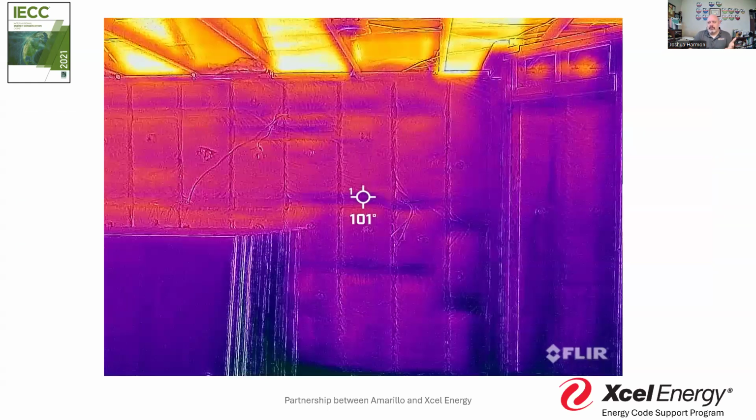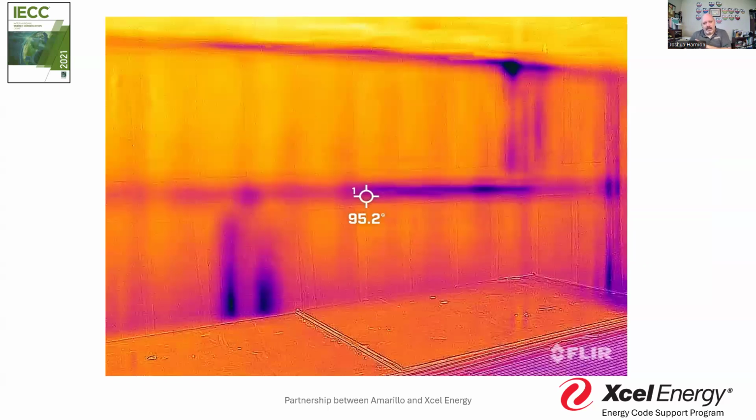So when we go out, in a residential setting, we can see where we have missed insulation, where they thought that break meant no insulation. So we can see the breaking of the continuity of our thermal envelope. But we can also start to see the impact of the air movement on our thermal bridging components.